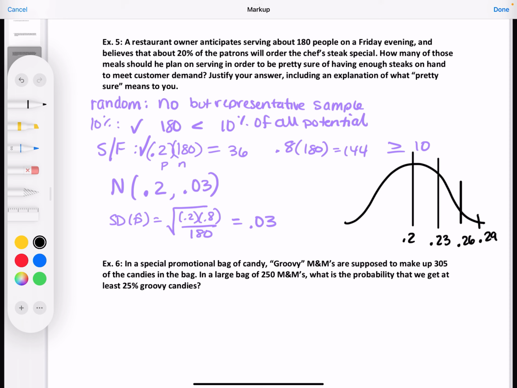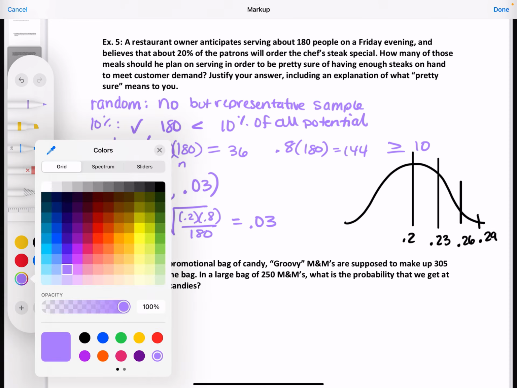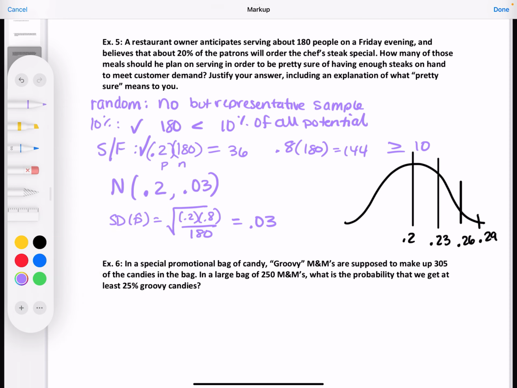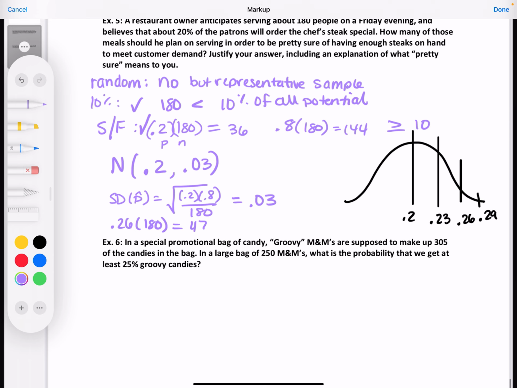So we need to do 0.26 times 180, and I want to know how many steaks that is. That's going to give us the number of steaks they need. 46.8, so 47 steaks. That's a lot of steaks. That is 2 standard deviations above the mean.